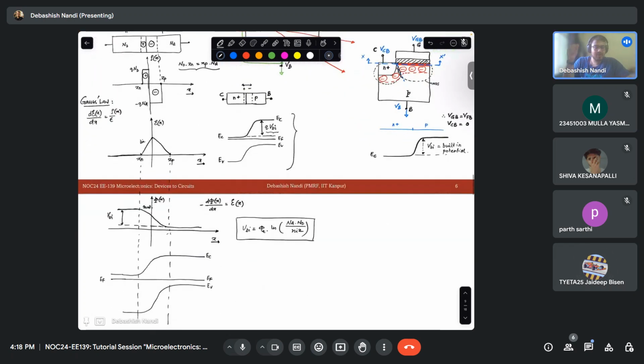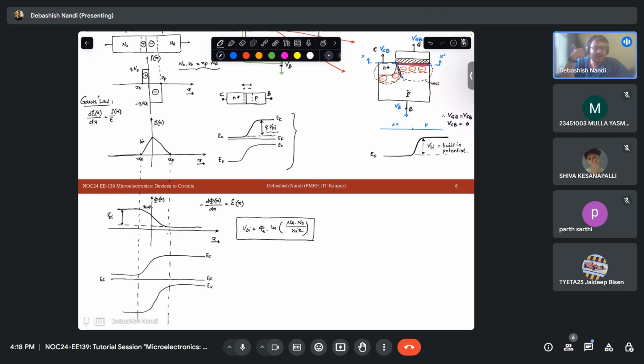So if you have not done this earlier, I will suggest that you please go back to any of the basic books like Streetman, Banerjee, Donald Neamen, or Robert Pierret, and just read these things. These things you should not forget: what are the potentials, and what is the energy band diagram of a PN junction?